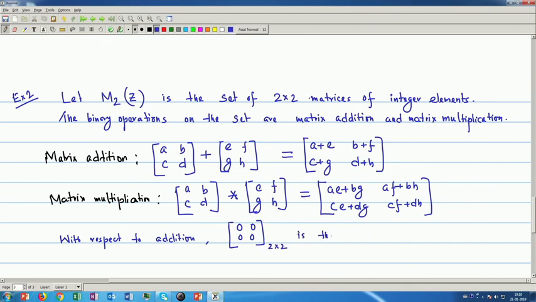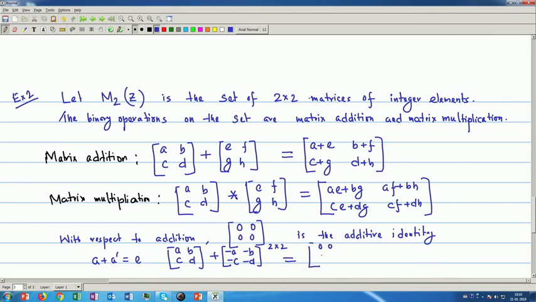Since if we add element-wise 0, then I will be getting the same matrix. So, this is the additive identity. Then what is the additive inverse? We know that a plus a dash equals e. That means, if I take the 2 by 2 matrix [A B; C D], then [minus A, minus B; minus C, minus D] gives me [0 0; 0 0].